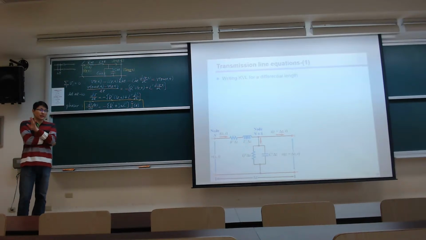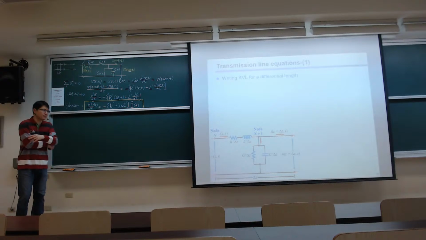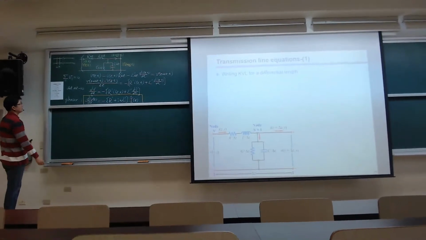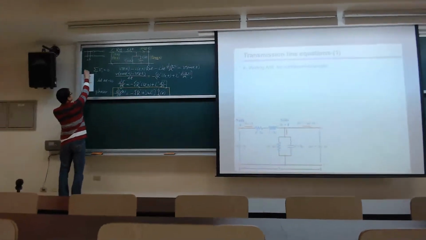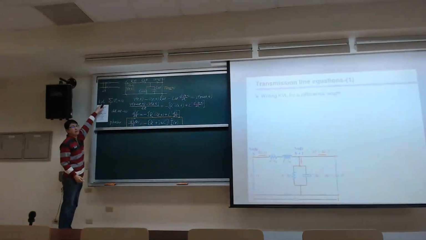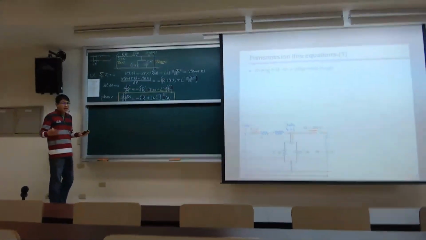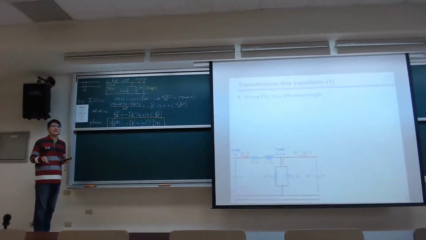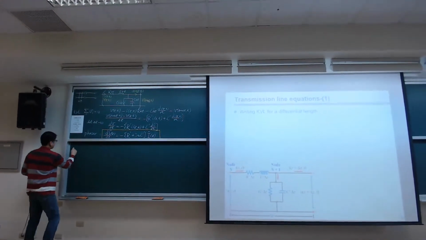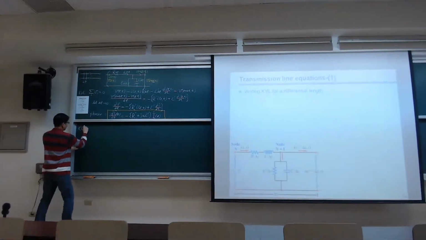We also need to know current, how to formulate current as a function of space and eventually time. So the second equation, the starting point, is what we've already used, KVL, Kirchhoff's voltage law. The second thing we learned in electric circuits is Kirchhoff's current law, right? So let's use KCL.